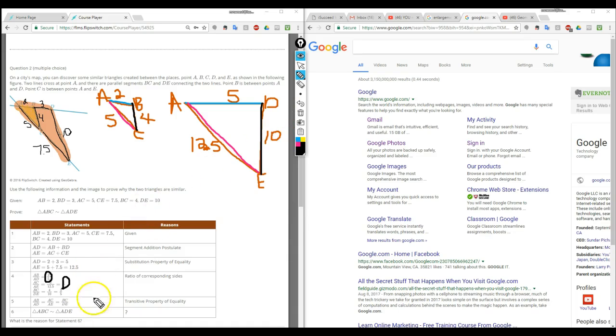The transitive property is skipping the 2 over 5 fraction. And then now it states triangle ABC is similar to triangle ADE. What is the reason? Well, what did they use? They just showed that all of the ratios of the corresponding sides were equal to each other here in statement 5.